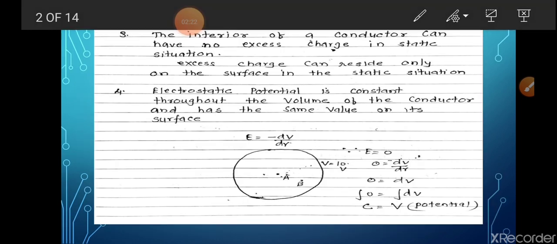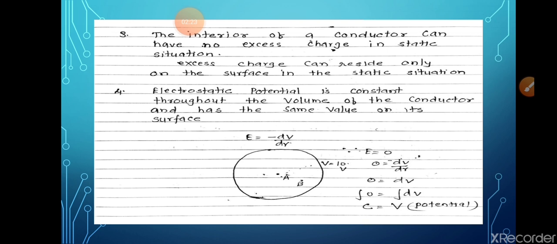Now this is the third property. The interior of a conductor can have no excess charge in a static situation. The excess charge can reside only on the surface in the static situation.